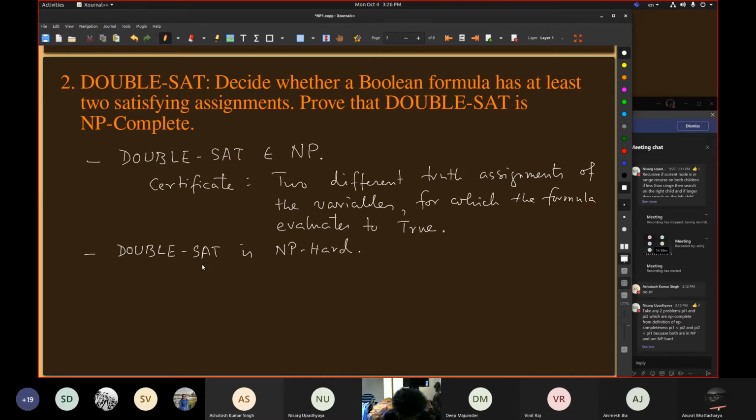Okay. So what is suggested is that we make a reduction from SAT to Double SAT.